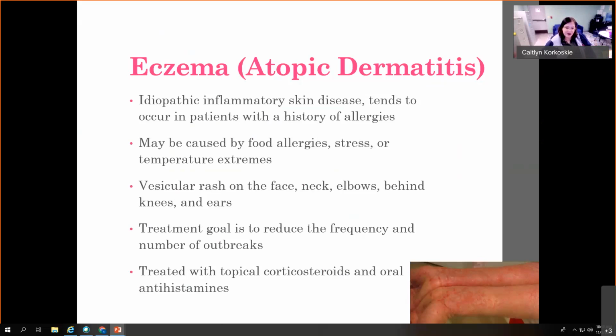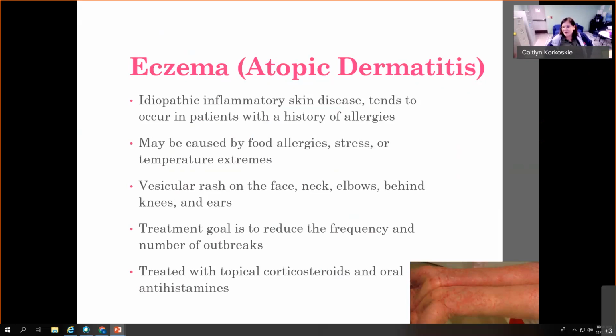Eczema likes to flare up behind the neck, the elbows, the inner parts where your elbow bends, behind the knees, behind the ears, any folds in the skin, your wrist, between your fingers. But the goal of treating eczema is finding out what triggers that response in a patient.